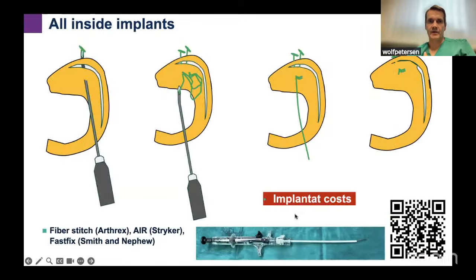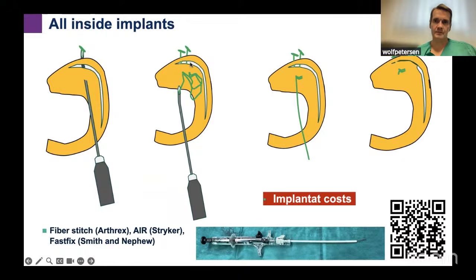The next slide shows you a schematic drawing of how these all-inside devices work. With the instrument, you penetrate the meniscus to push the first anchor behind the meniscus, the capsule, or the base of the meniscus, behind the joint capsule.